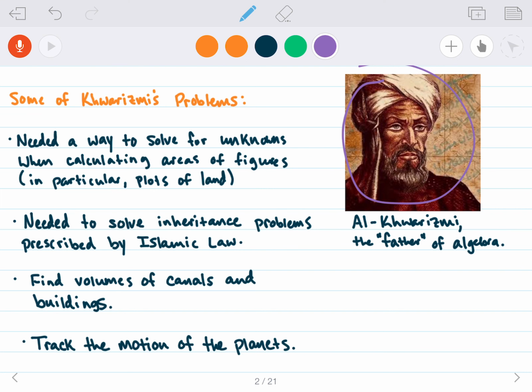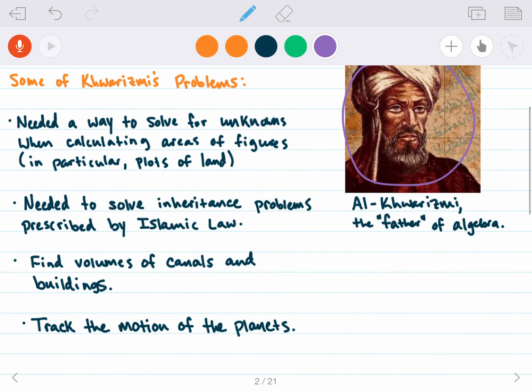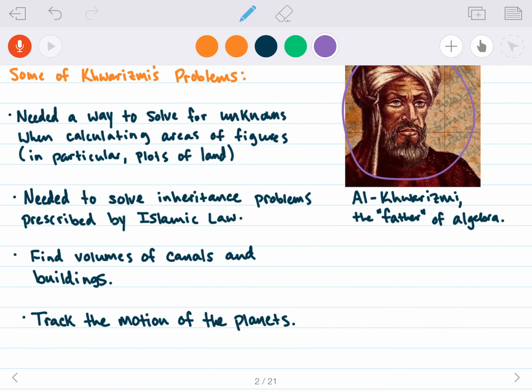He also needed to solve inheritance problems prescribed by Islamic law, find volumes of canals and buildings, and track the motions of planets. So these are only a few things that algebra can do for us. The number of applications that algebra has, we wouldn't have enough time to talk about all of them.